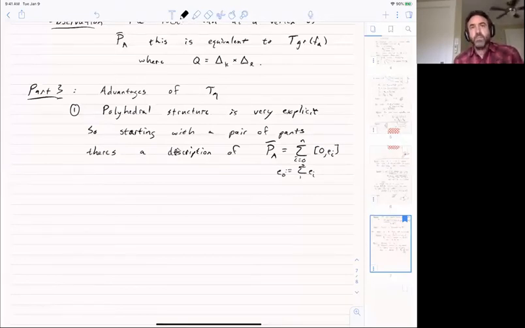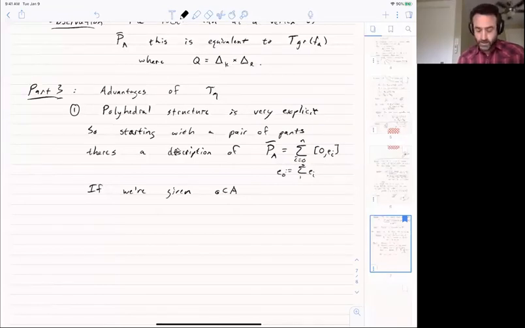So you have this nice explicit description, and there is a description of the faces of this zonotope, and in particular, you can describe the following space. Let me say, if I'm given sigma in A, we can take Q sub sigma to equal this sum over all sigma.